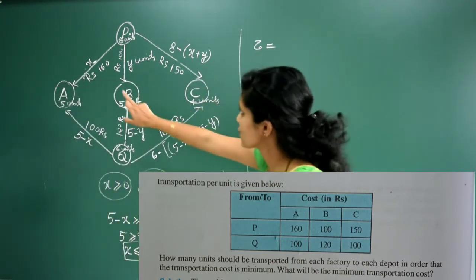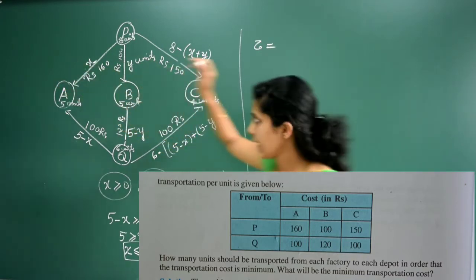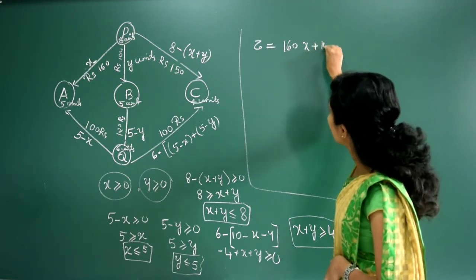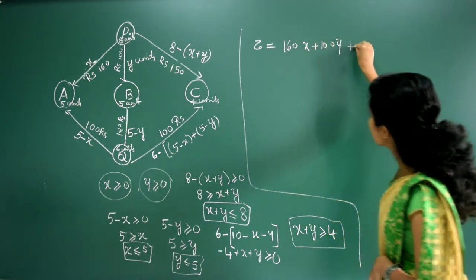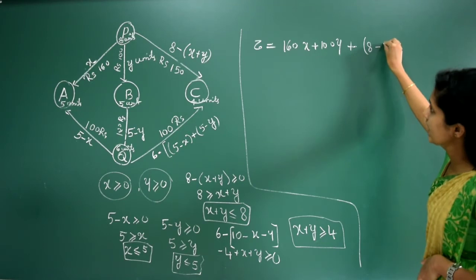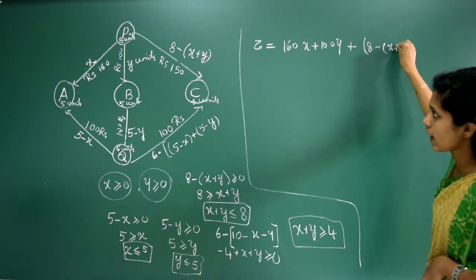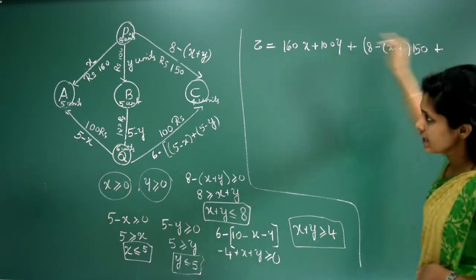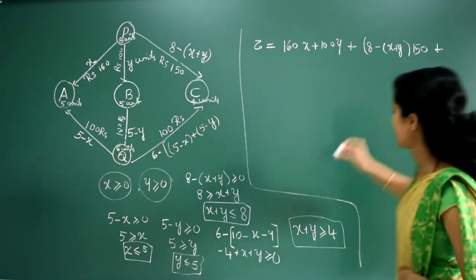So the objective function will be 160 into x plus 100 y plus (8 minus of x plus y) into 150, plus 100 into (5 minus x).